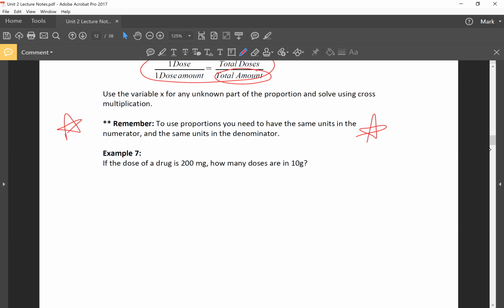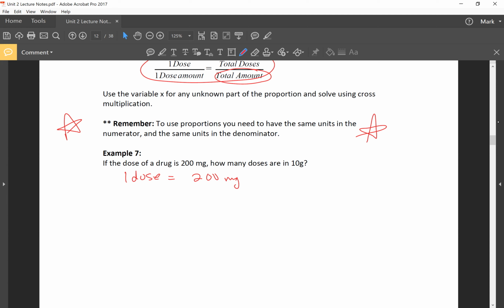Okay. So first things first. 1 dose is equal to 200 milligrams. There are actually a few ways to do this one.